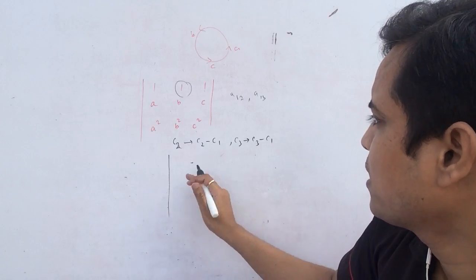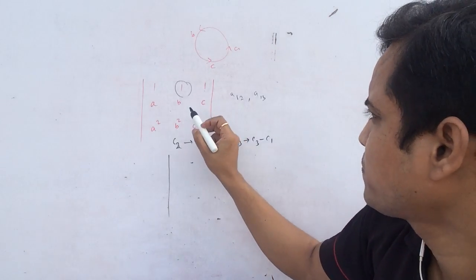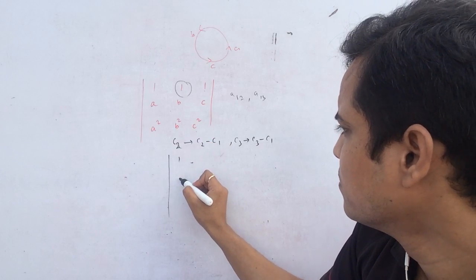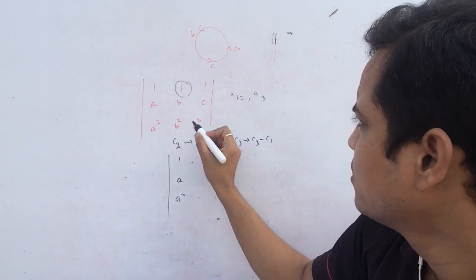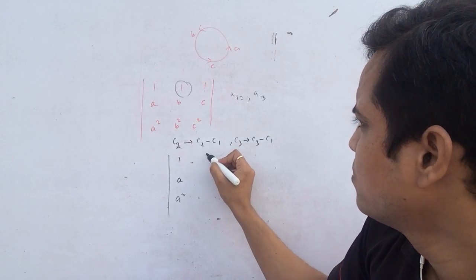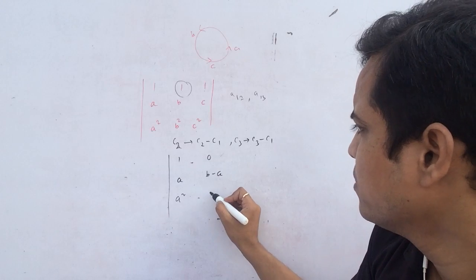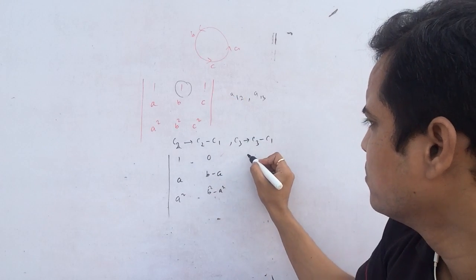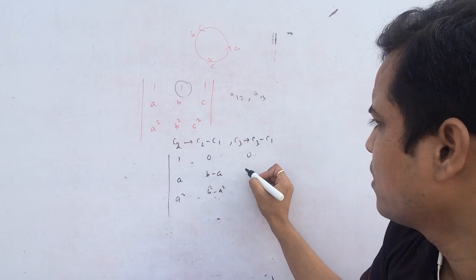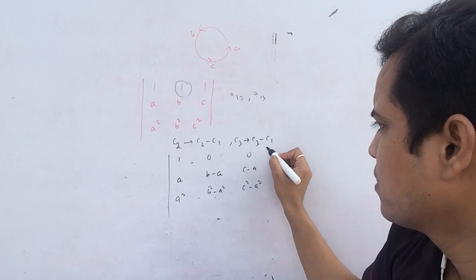So here column 1 is not changing. So 1 minus 1 would be 0, B minus A, B square minus A square, here 0, C minus A, C square minus A square.